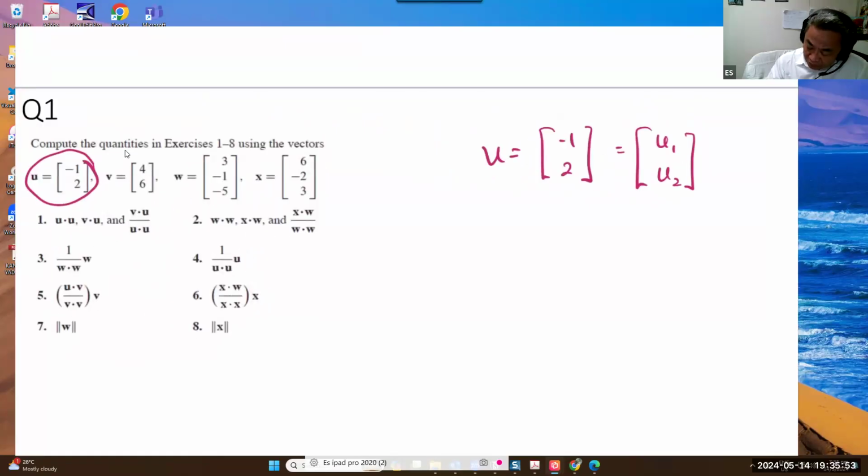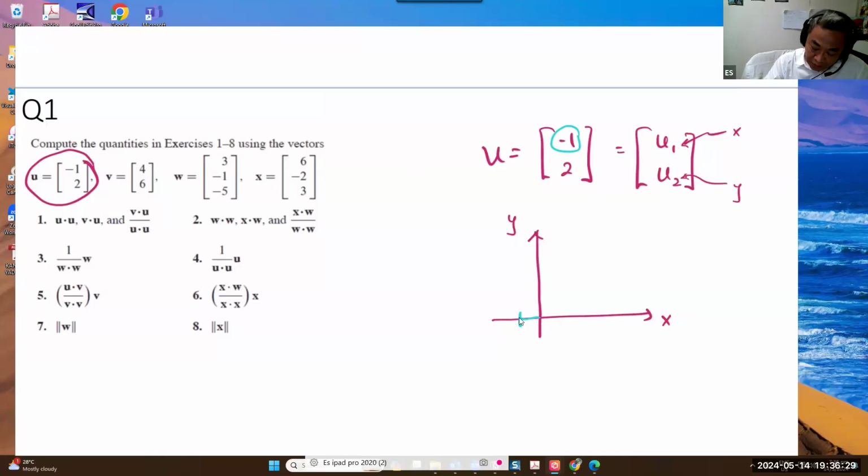Now, let's draw the vectors first. First, we draw the x-axis and the y-axis. And you realize that the first element will be the element along the x-axis, and the second element will be the element along the y-axis. Since we want to have -1, we move one coordinate along the x-axis towards the negative.